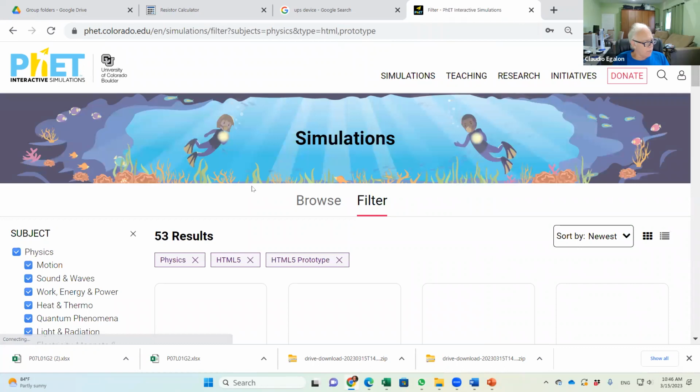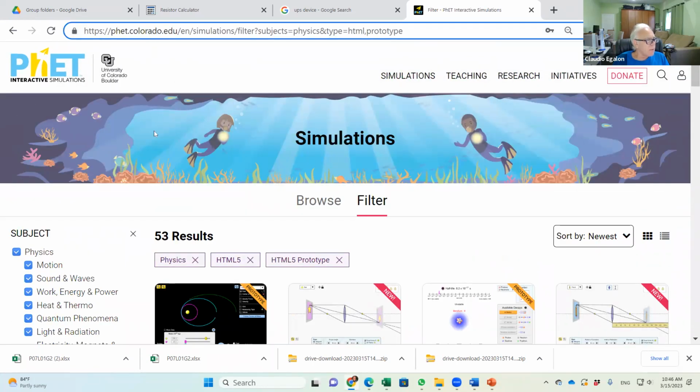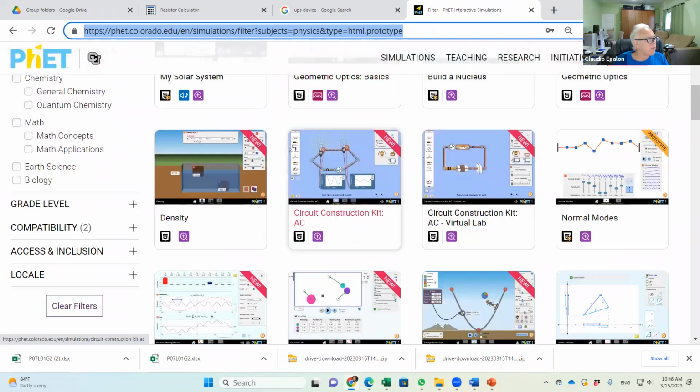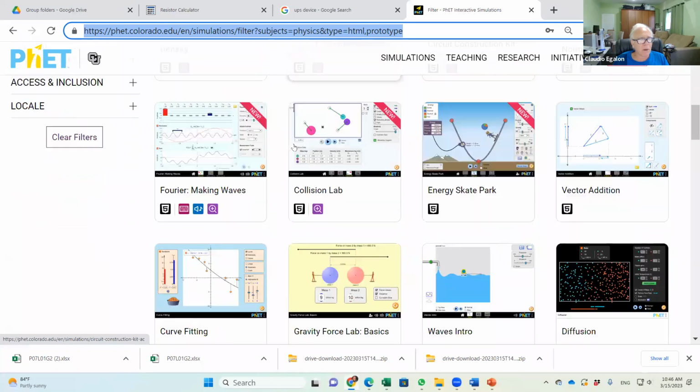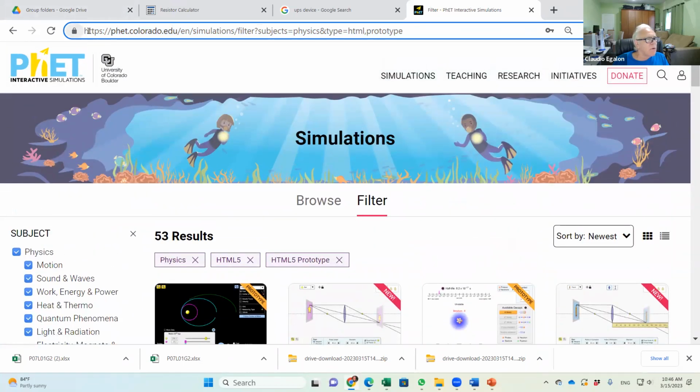I encourage you folks to go to this website, because it has all sorts of simulations in physics that allow you to visualize many of the concepts and ideas that I'm covering here. They have not just physics, but chemistry, math, earth science, biology, and so on, right? But we're interested here in the physics.